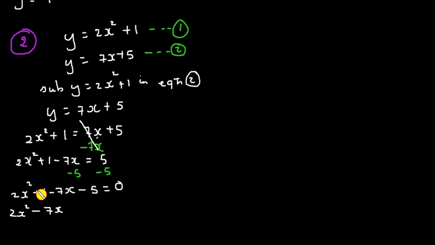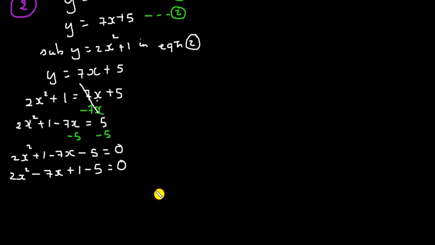What is left now? 1 and minus 5. So we write plus 1 minus 5 equal to what? 0. Alright, so we're still simplifying.